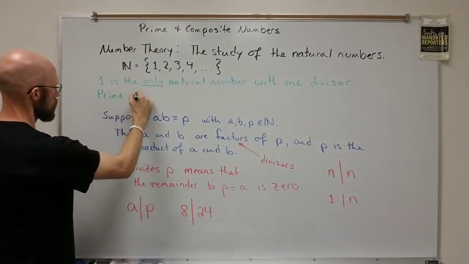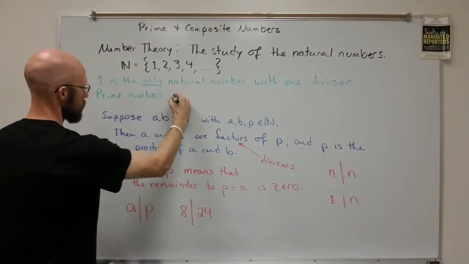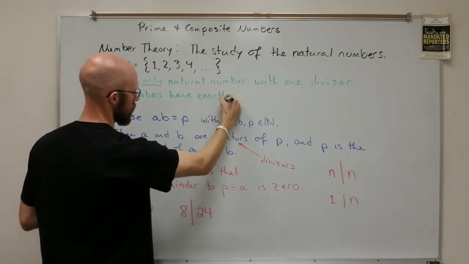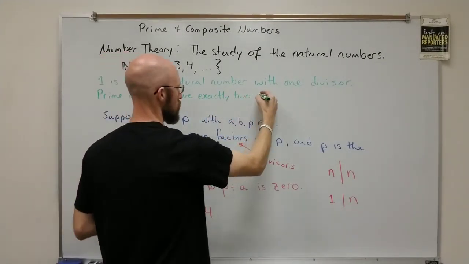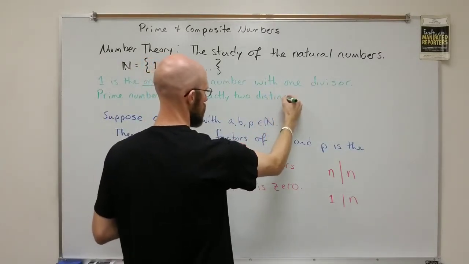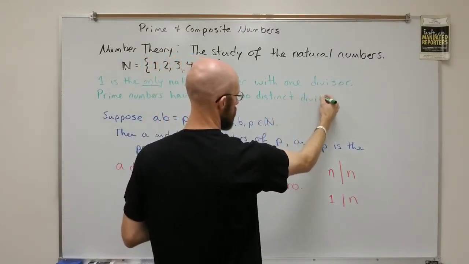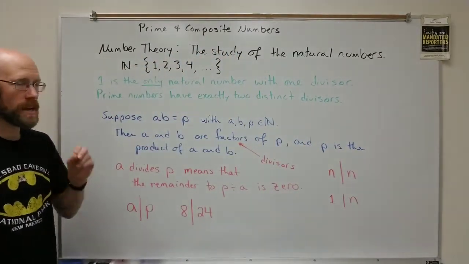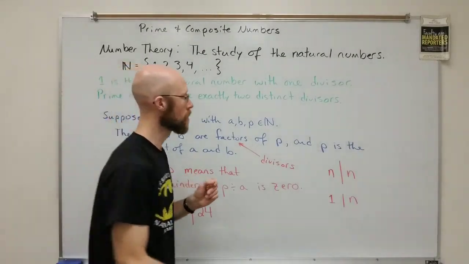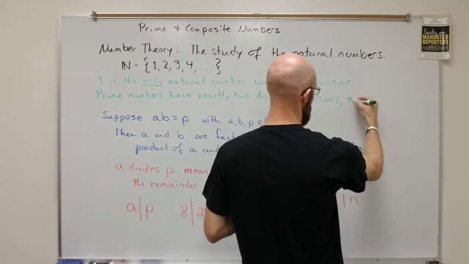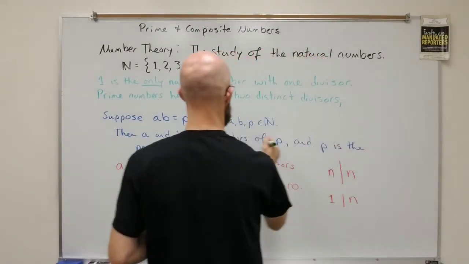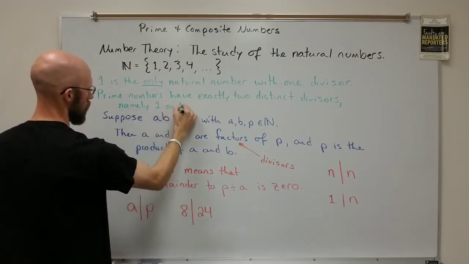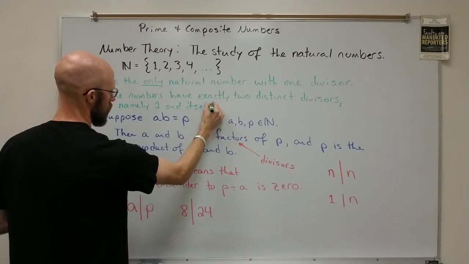Prime numbers have exactly 2 distinct divisors, namely 1 and itself.